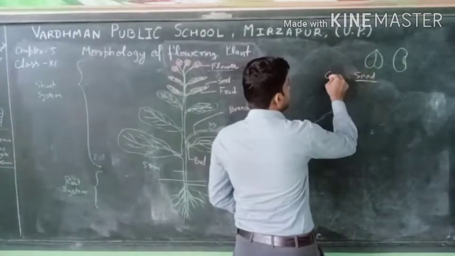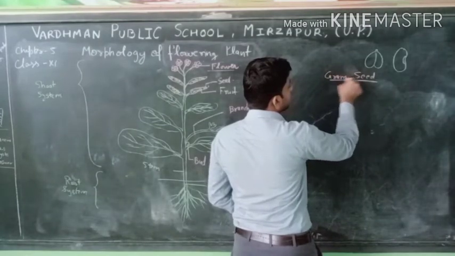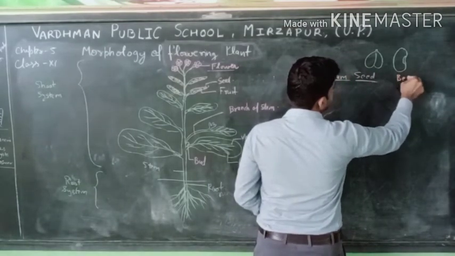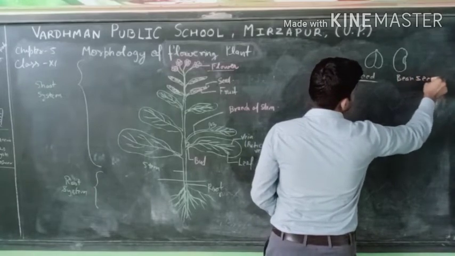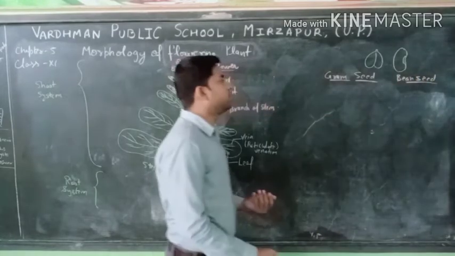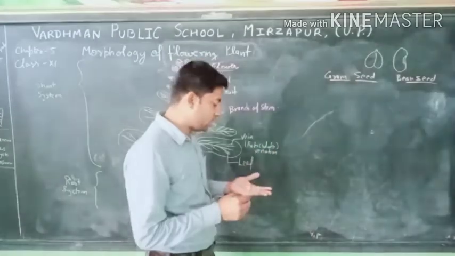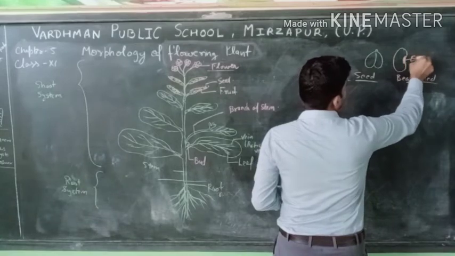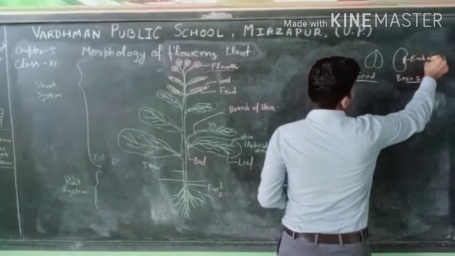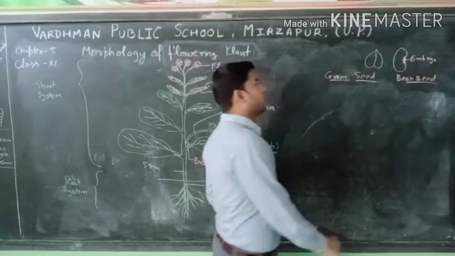Number one is the gram seed, number two is the bean seed. These two are known as dicotyledon seeds. They consist of a small embryonic structure which is known as the embryo.